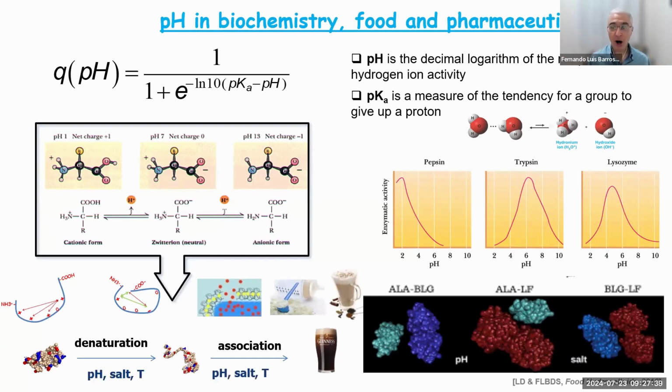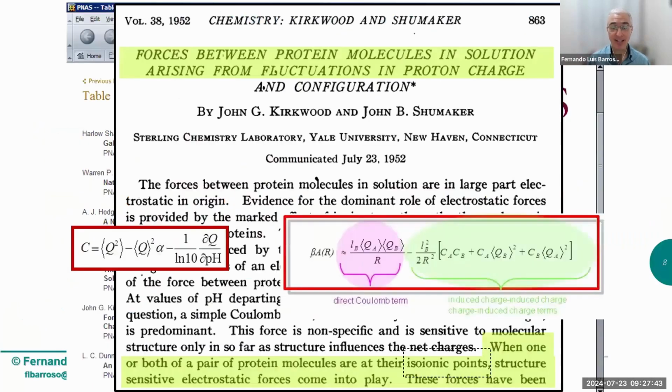But what we often forget, and that's where I bring the physics, is that if you go back to old studies, I'm going back to 1952, when Kirkwood and Schumacher presented this very nice paper where they analytically demonstrated that even in the condition that the 2 molecules carry the same net charge, or the same sign like charges, they can form a complex.